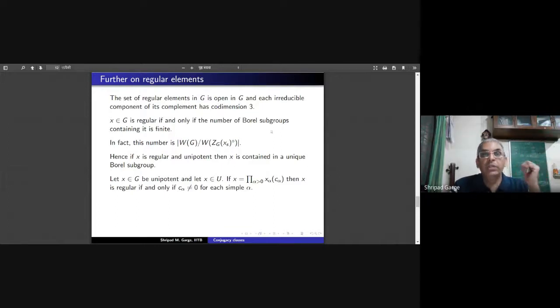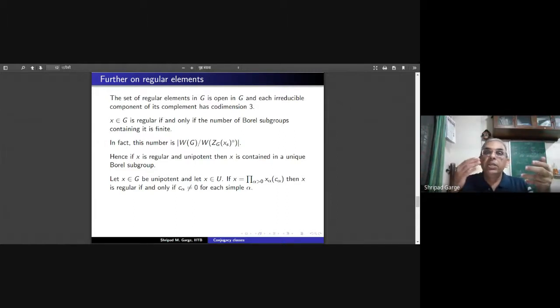And I also told you that when you have a semisimple regular element, there is a unique maximal torus which contains it. In fact, we will have a similar statement for unipotent elements. But in general, if you have a regular element, then the number of Borel subgroups containing it is finite. So when you look at semisimple elements, you look at the maximal tori containing it.